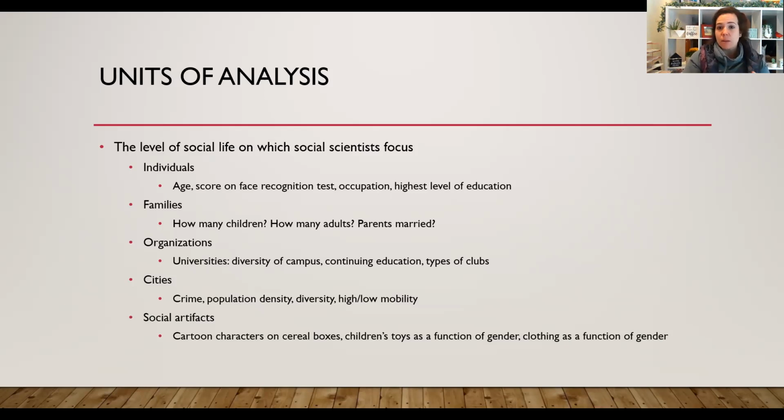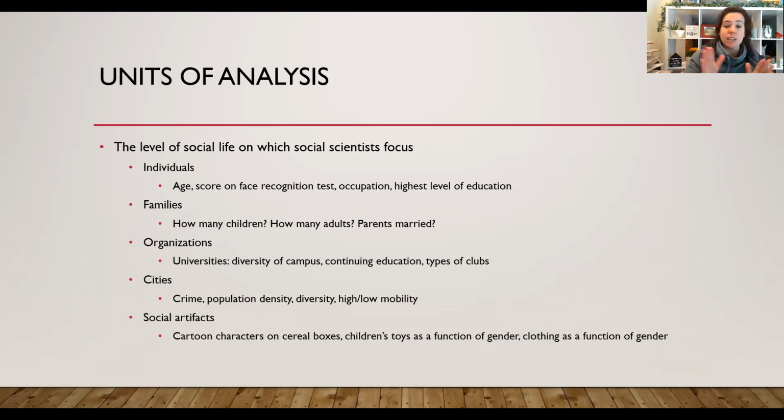How dense is the population? Would you be considered more in a city versus a rural setting? How diverse is it, and you can break that down into racial diversity, religious diversity. What's the level of mobility? Are people living in a certain area but driving further out for work, or vice versa?